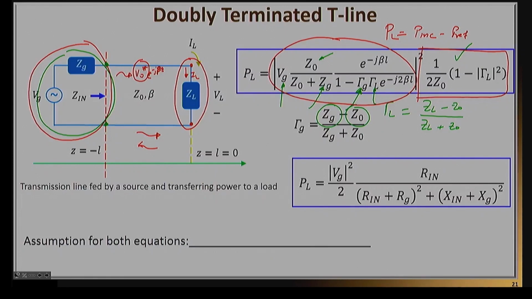When you do that, you will find this second equation here, which is a different expression, but it's supposed to give you exactly the same result as the expression here. Which one you use honestly depends on which facts you know, but you can basically use either one of the two.